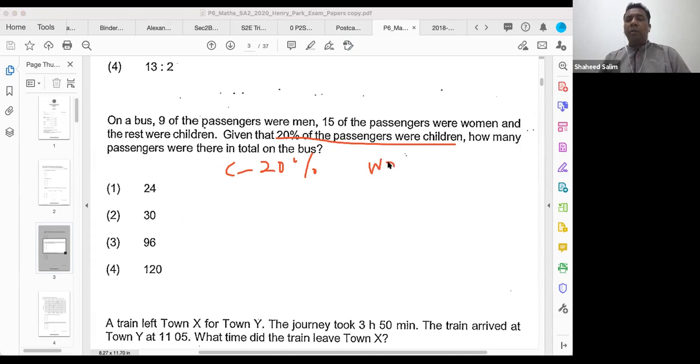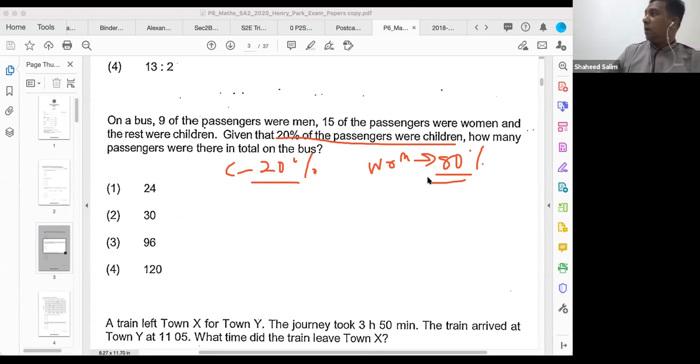Woman and man must be how many percent? 100 minus 20% must be 80%. You understand? This one 20%, the other one is 80%. Total is 100%. Adults is made up of men and women.